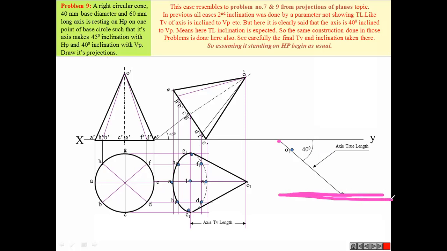So now we will measure this much distance, and from this point we will mark it over here. Got it?